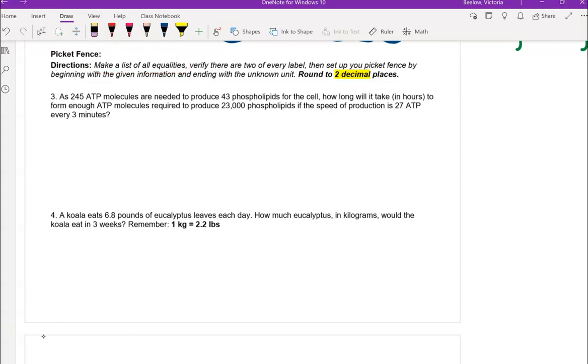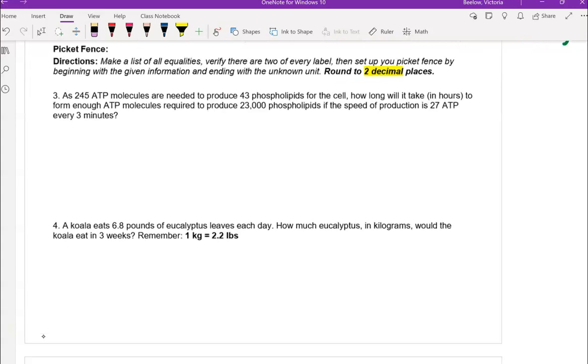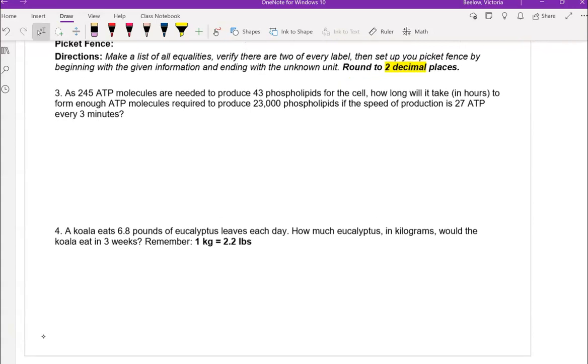And make sure you have a number with a label or a unit, and that's equal to another number that has a unit or a label. And there will be something that is not equal to, like, you don't know what the number is, but it has a unit, and that's equal to something else, and that's going to tell you how to start your picket fence. So let's go ahead and jump into question number 3 here to go over those steps.